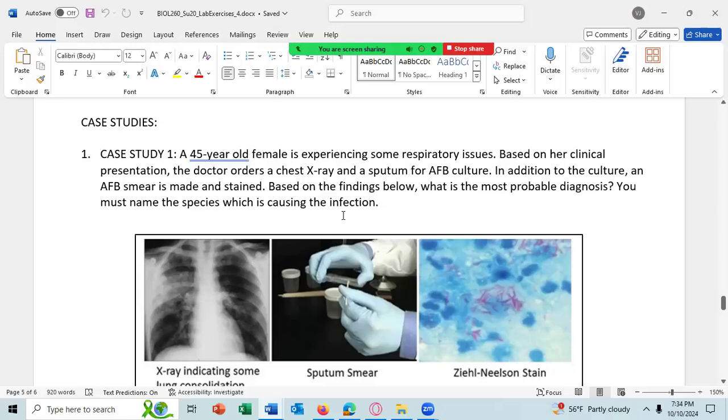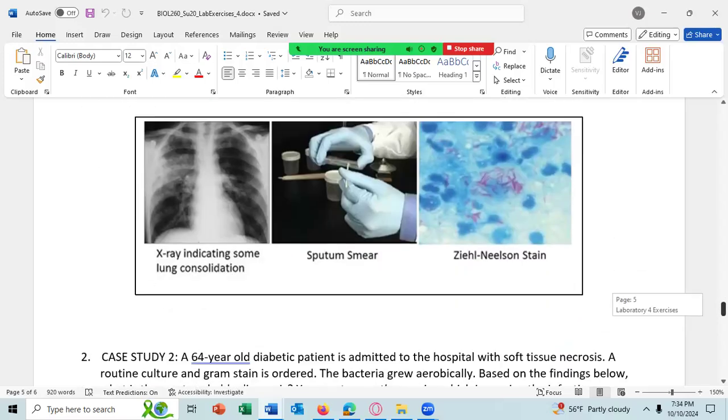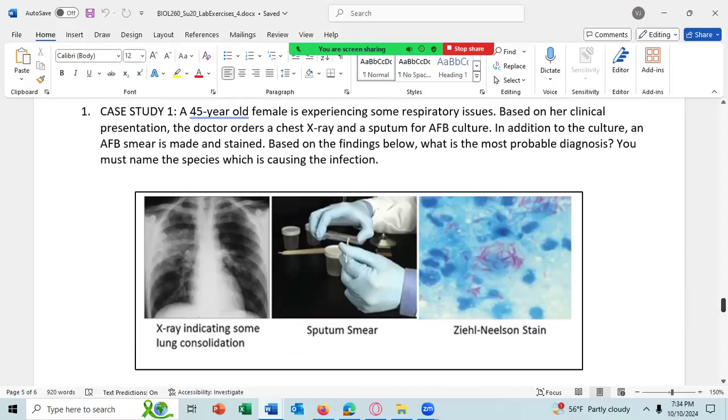In addition to the culture, an AFB smear is made. So there's the sputum, they're making a bacterial smear there, and then they've stained it with the Ziehl-Neelsen stain. And given the information below, what is the most probable diagnosis? You must name the species which is causing the infection.